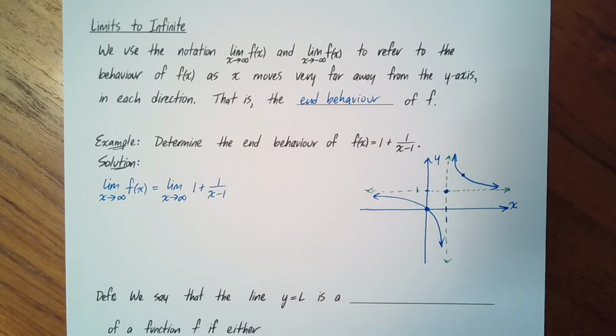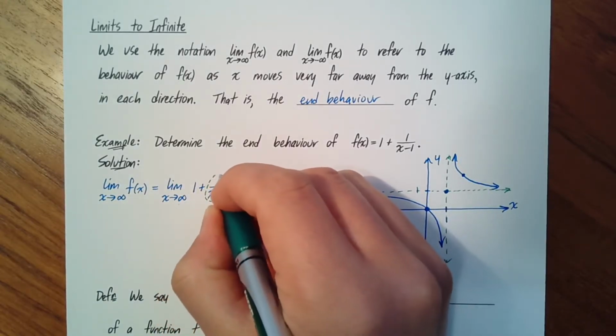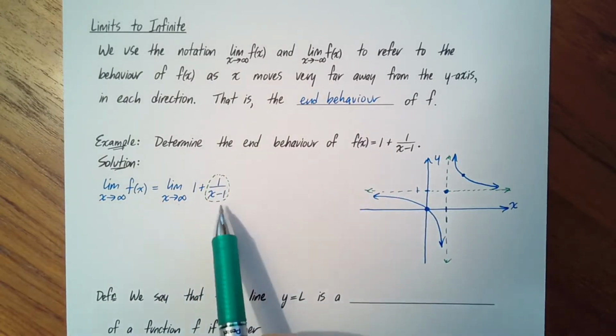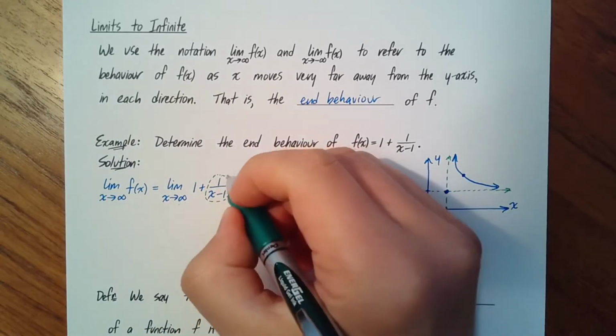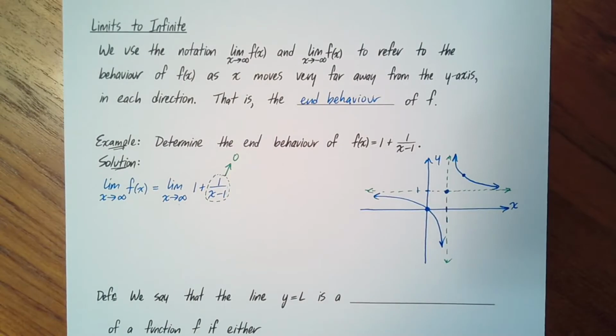So what happens is you have a fraction whose numerator is always 1, but whose denominator is getting larger and larger and larger. What's happening really is this fraction is going to eventually become a really, really tiny positive value, and it'll become less and less significant the further x moves to the right. And really, where is this actually approaching? It's going to be approaching 0, because it's becoming insignificant.